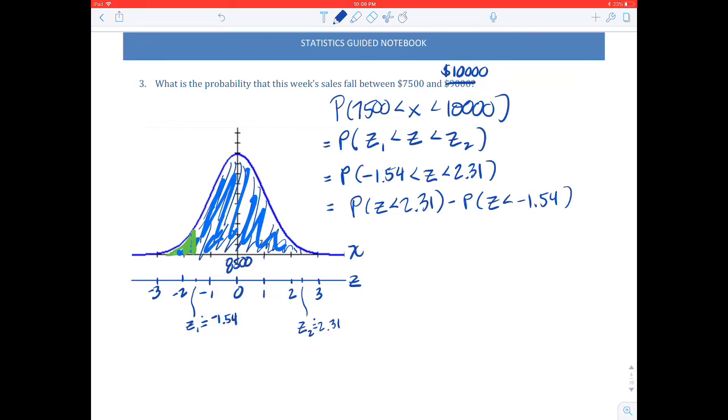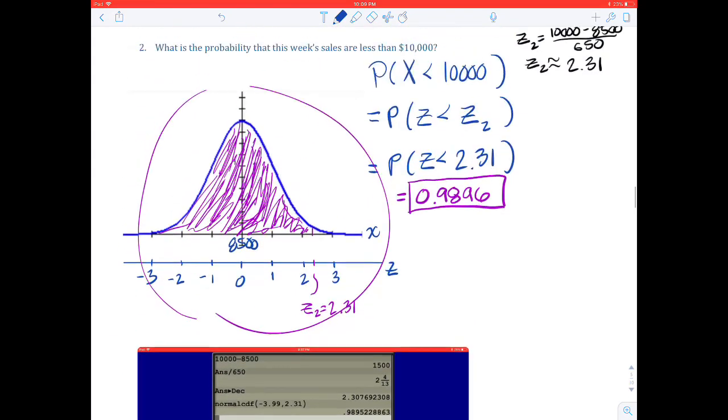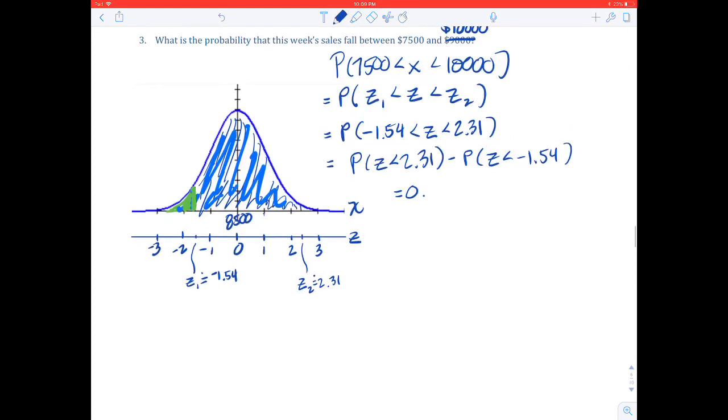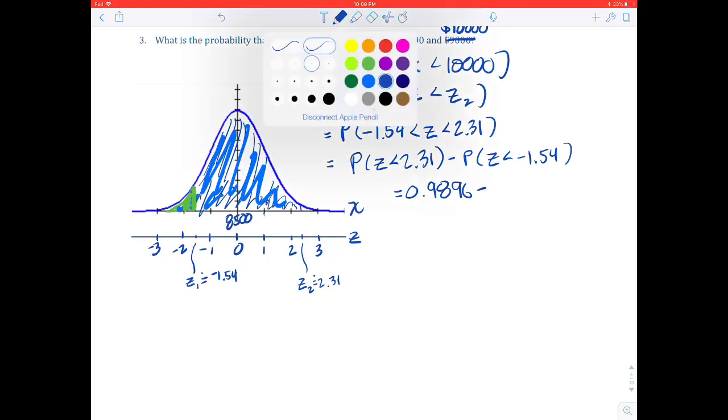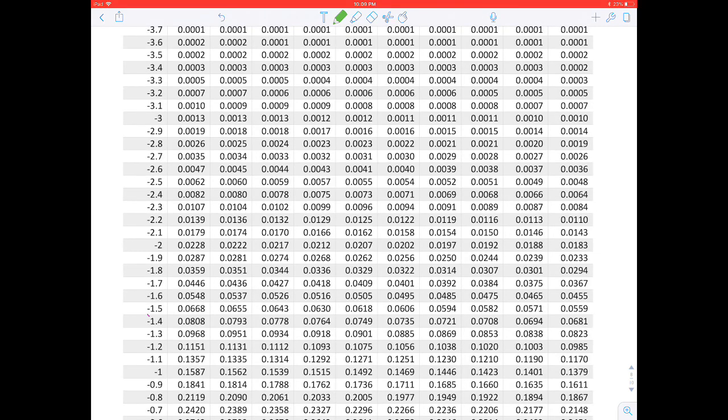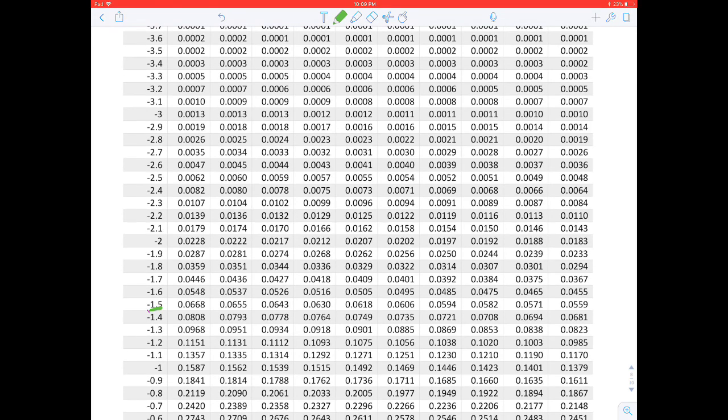So we already found that first probability, and that was equal to 0.9896 using the table. Now we have to find the other probability. If we go to find the other probability, we'd be at negative 1.5 and then 0, 1, 2, 3, 4. So 0.168.